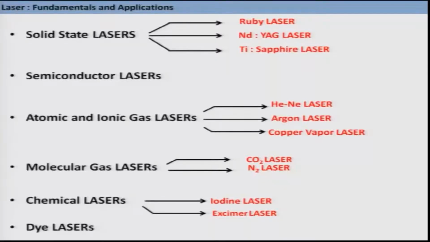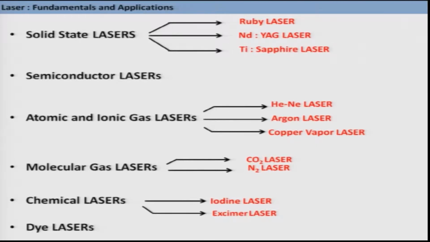Now we will look at certain lasers under these categories. For example, we will look at the ruby laser, Nd:YAG laser and Ti sapphire laser under the solid state laser category. We will look at certain semiconductor lasers, and among the atomic and ionic gas lasers we will look at the helium neon laser, which is one of the most widely used continuous wave lasers.